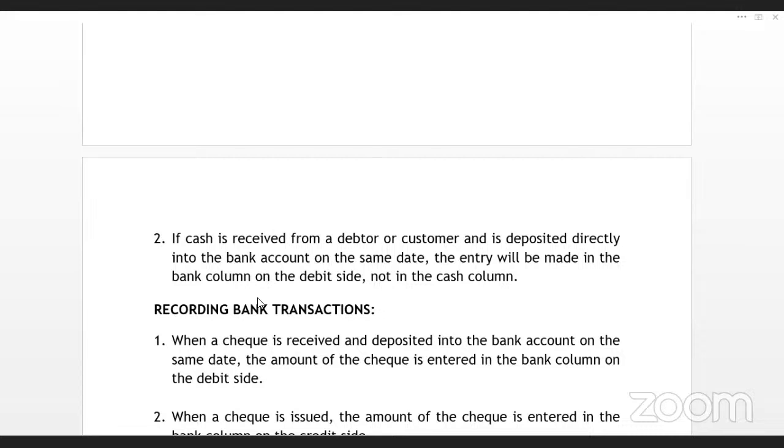So that is how we record the cash transactions.